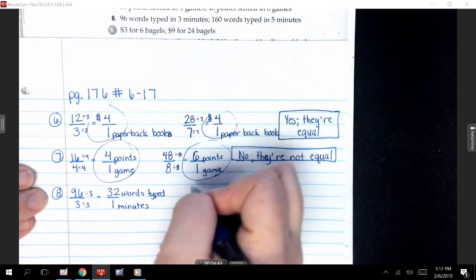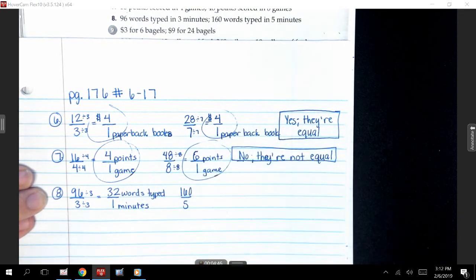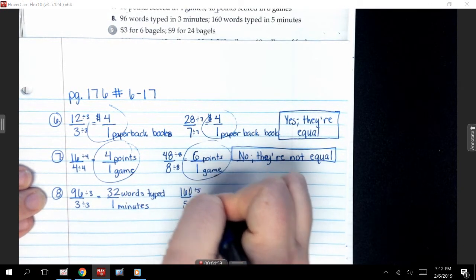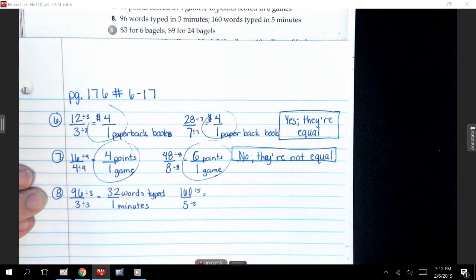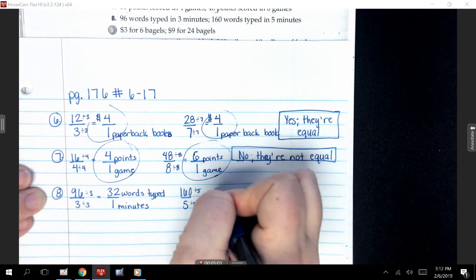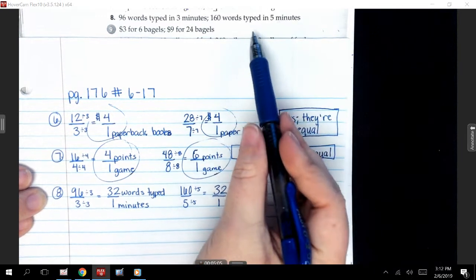All right, let's set up our next one. We have 160 and 5, so 160 and 5. So when I set that up, I'm going to divide both of these by 5. So I end up with 32 over 1. Again, making sure I include what we're talking about.